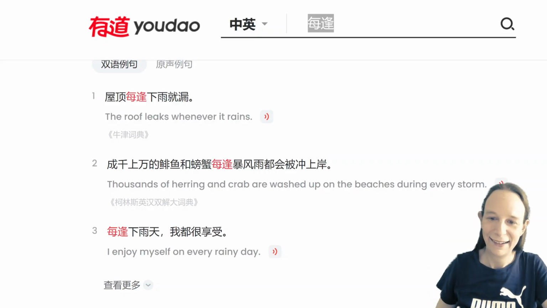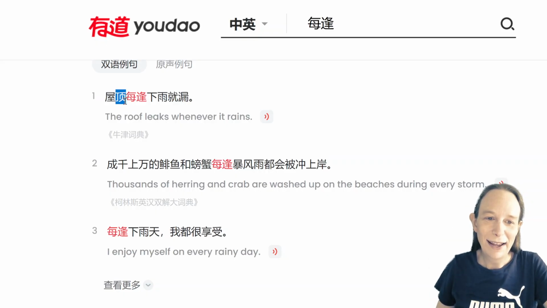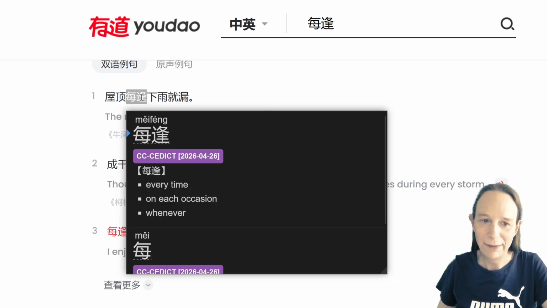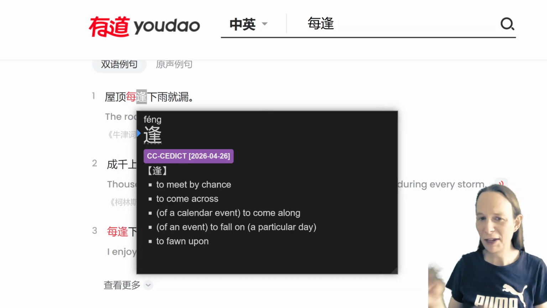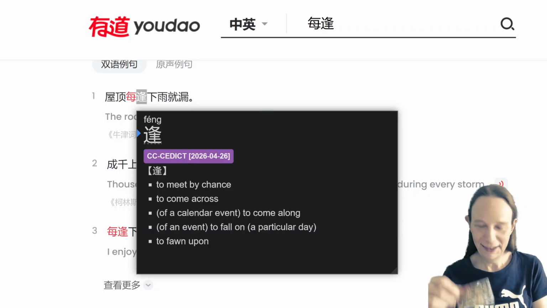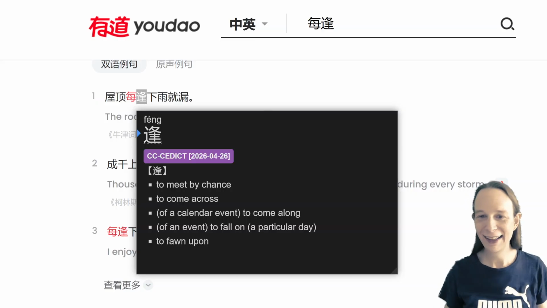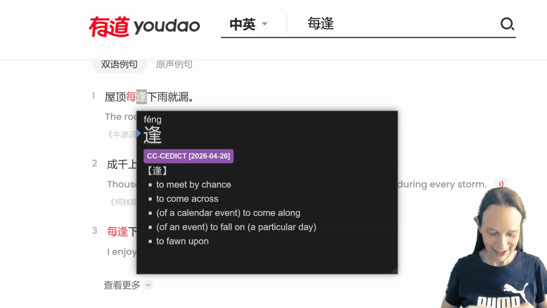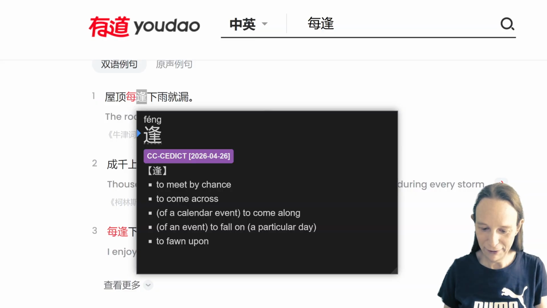I don't know. Now I'm unconvinced. 每逢下雨就漏. The roof leaks. 每逢, every time. Yeah, maybe it's not a measure word. The other ones I'm fairly sure are, especially 次. Okay, 逢. Number 2, oh, it's a surname. All right. That didn't really help.